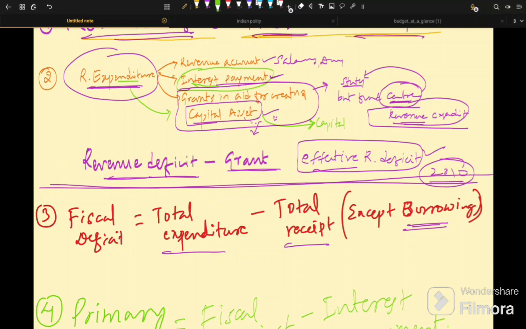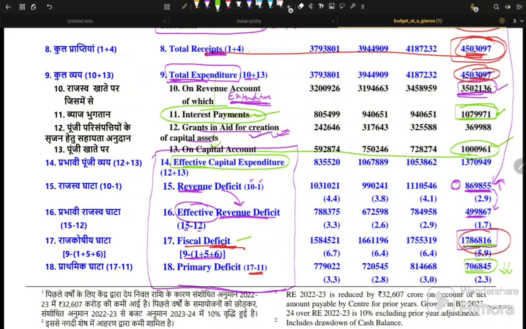So we take this part under capital expenditure, because this is also creating capital assets. We need to take it into account as capital expenditure of the government. That's why we have this part 12 and 13 part. So we get the total capital expenditure, or effective capital expenditure.